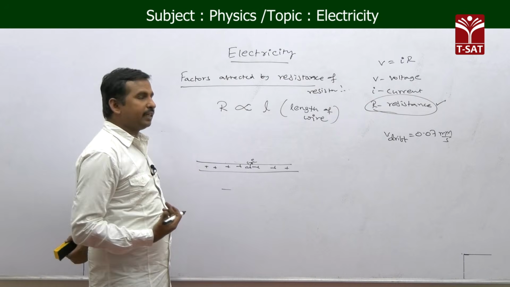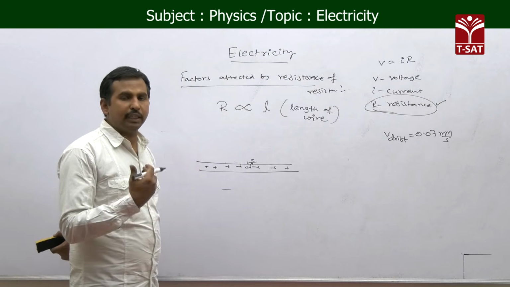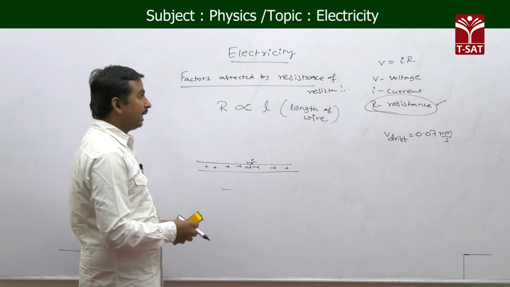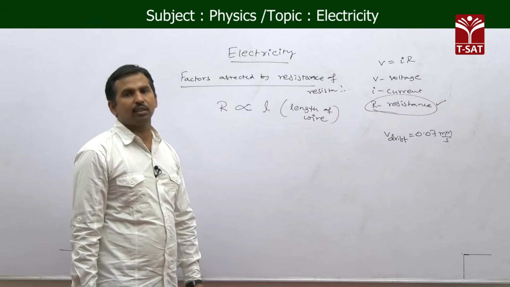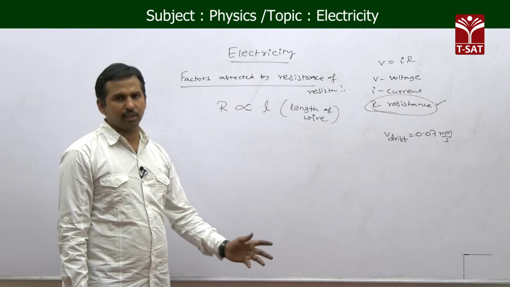So, that is why the resistance of a wire or conductor is directly proportional to its length. As resistance is more, the passage of current is less.